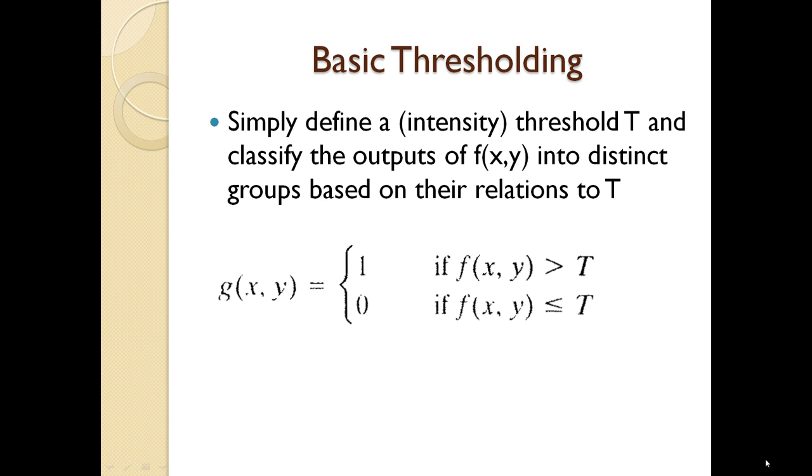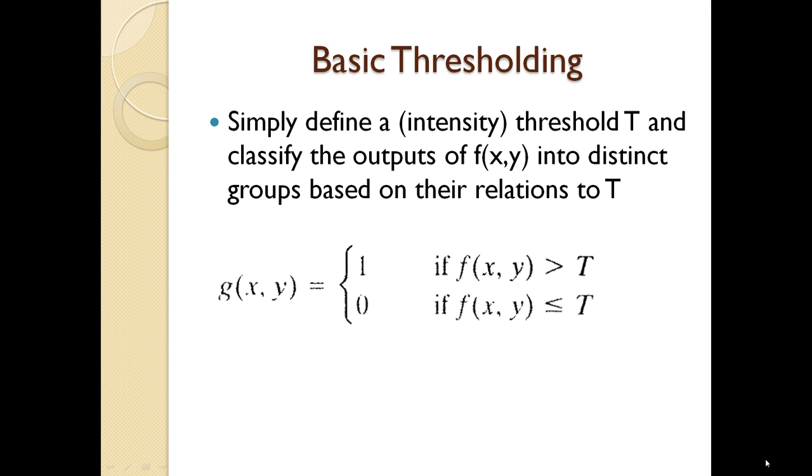We just define a threshold, and in our case we're using an intensity threshold, and by defining that threshold we can classify the pixels, or the outputs of f(x, y), into distinct groups based on their relation to T. If the pixel at location x, y has an intensity greater than T, which is your threshold, then it'll be categorized as 1.